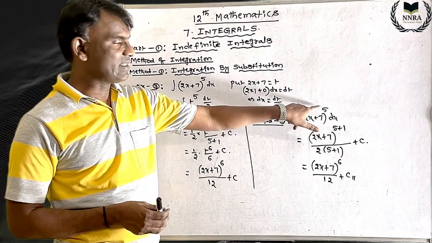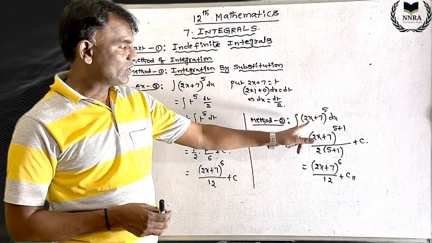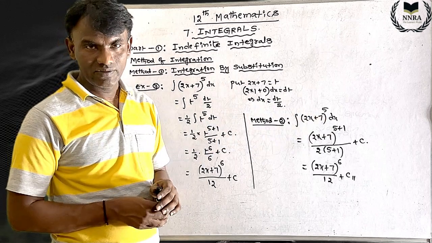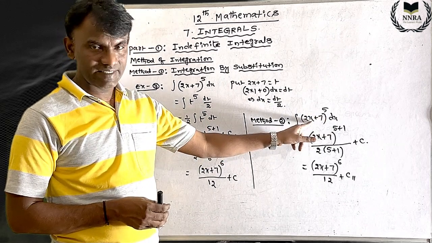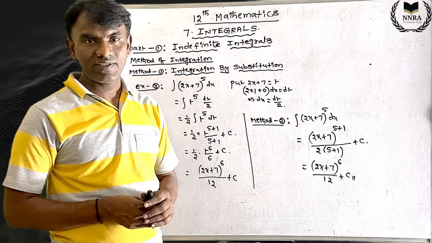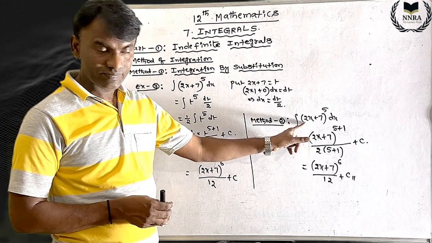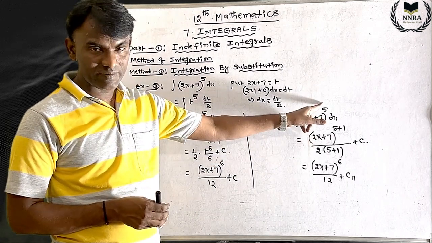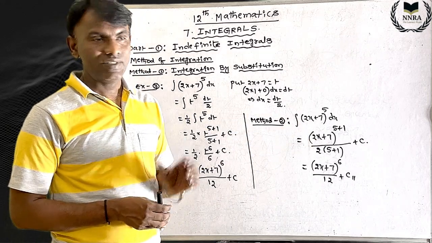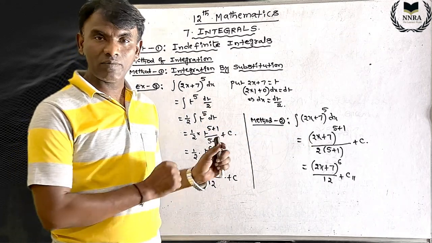Because it is the x power n formula. So 2x plus 7 whole power 6 by 2 into 6, 12. Suppose if it is 3x, then 3x plus 7 whole power 6 by 3 into 6. Suppose if it is 10x, then 10x plus 7 whole power 6 by 10 into 6, 60. Once you get that concept, then problems are very easy.